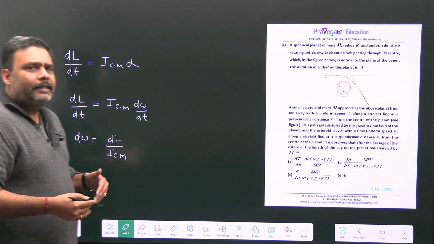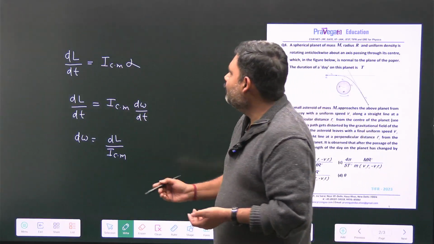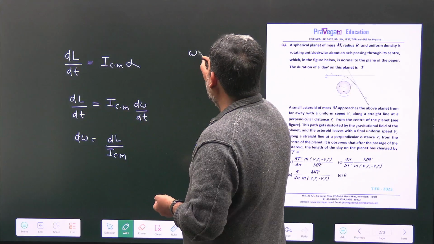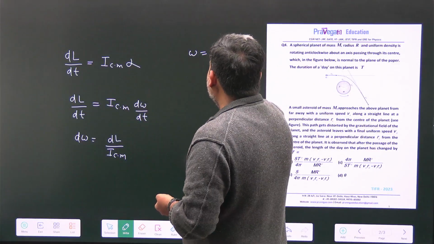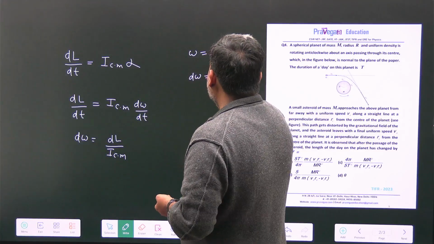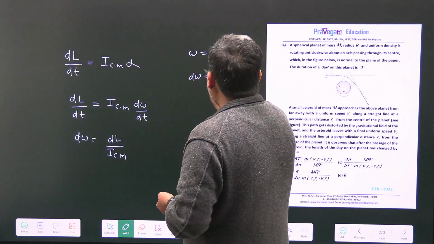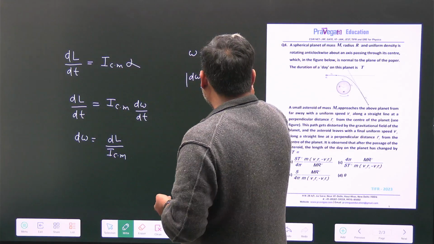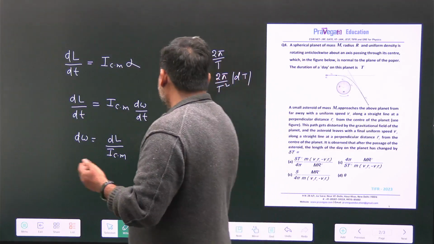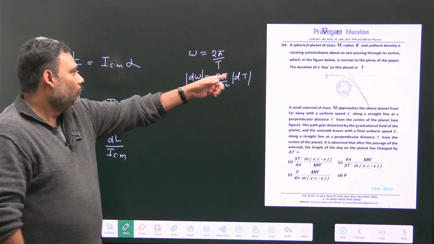Now, we have to write everything in terms of time period. We have omega equal to 2 pi upon T. And what will be d omega? d omega is equal to 2 pi upon T square dT. I am just taking the mod value, so I can neglect the sign due to differentiation.